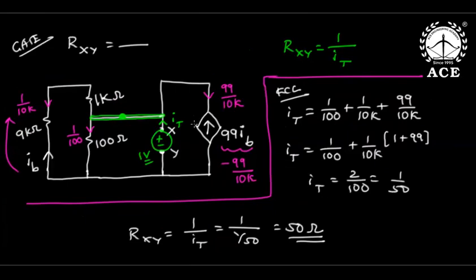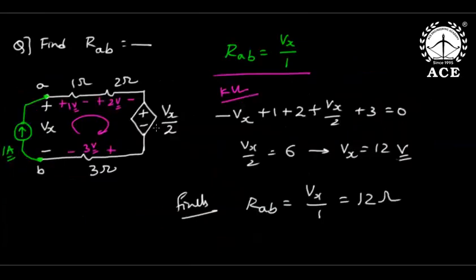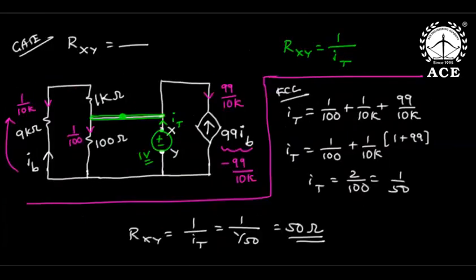So I applied Ohm's law, like the same previous problem, where only a dependent source is there. I gave a voltage and got the current. That ratio of voltage applied at XY and current leaving at XY will give the resistance. So I introduced 1 volt, but to find the total current I applied KCL here. To apply KCL, first I got the remaining branch currents.